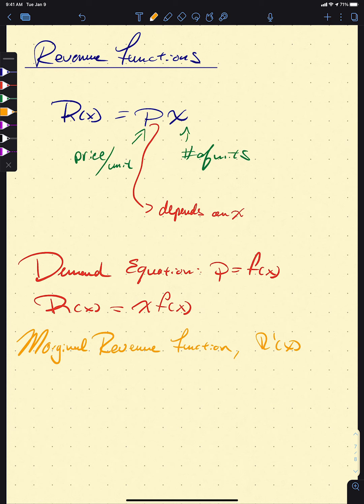It's going to measure the rate of change of our revenue function.